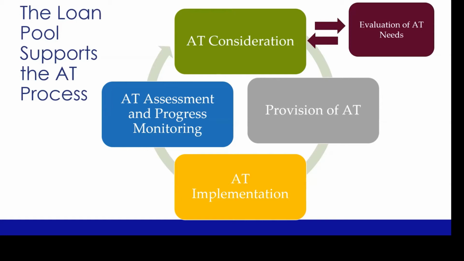During this step, the IFSP or IEP team should gather and analyze data about the student, their environments, educational goals, and tasks to help guide the conversation around the need for assistive technology. The IFSP and IEP team should ask, what tasks are required in the educational setting? What does the child or student need to be able to do that they cannot already do independently?